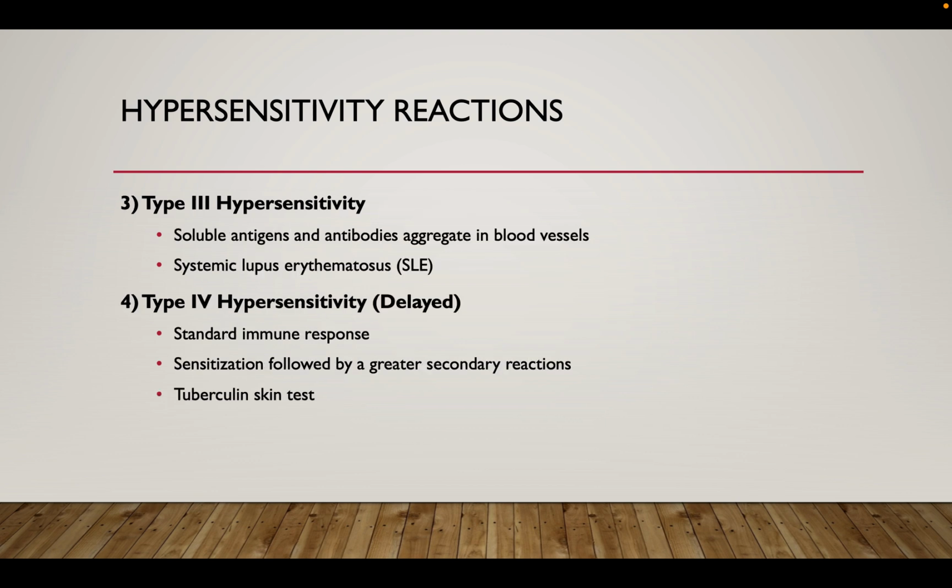Now, type 3 hypersensitivity reactions have to do with the formation of soluble antigens and antibodies that aggregate in blood vessels and clump up. A common one is systemic lupus erythematosus, or lupus, as it's sometimes referred to.